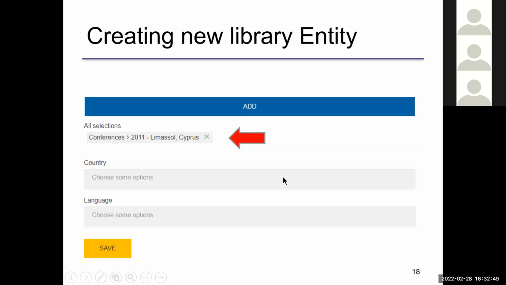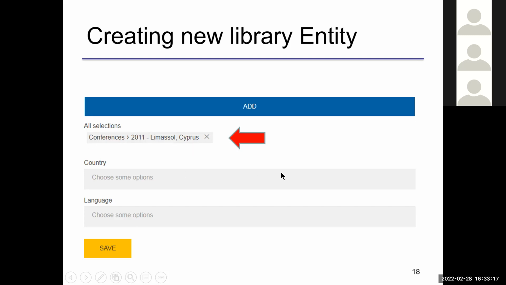As a result, you will get one line below this add button, and it says that the library item that you create is related or associated with the conference, but more specifically to the Limassol Cyprus conference.